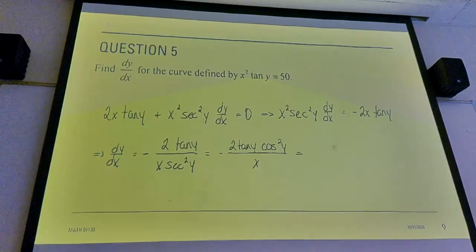What's tangent? Sine over cosine. Multiply that by cosine squared, what are you left with? That's cosine. You're missing a term. Sine times cosine.